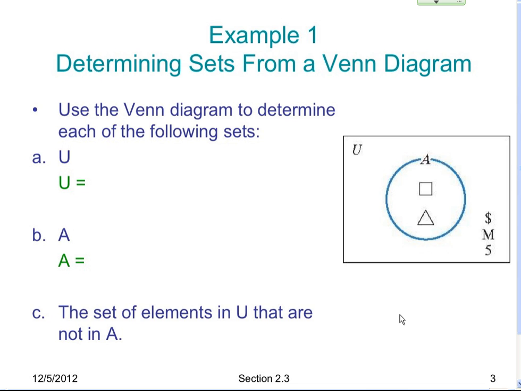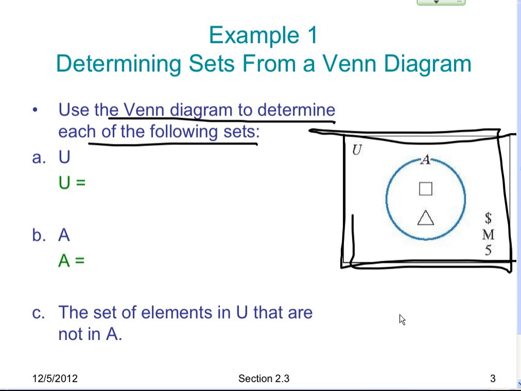Use the Venn diagram to determine each of the following sets. So the universal set, that's anything inside the rectangle. Anything inside the rectangle, we have the $, the M, and the 5.